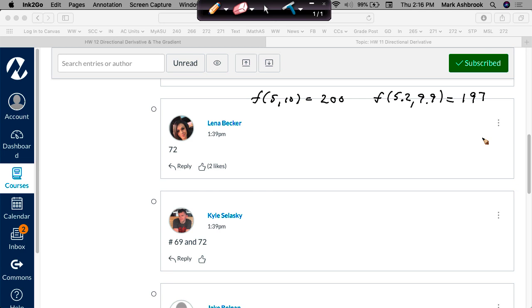First question is, approximate the directional derivative at 5, 10 in the direction of 5.2, 9.9.